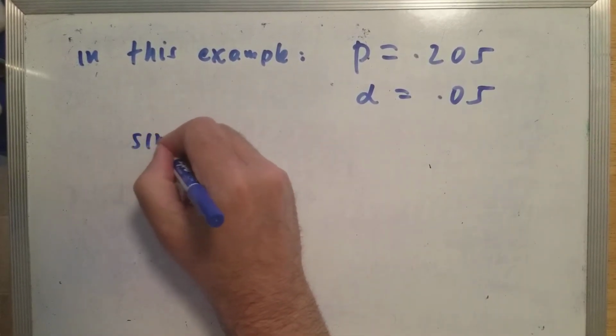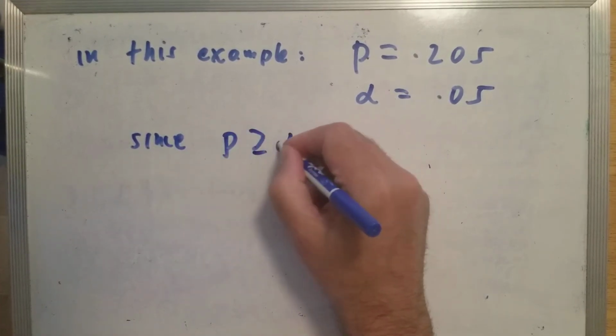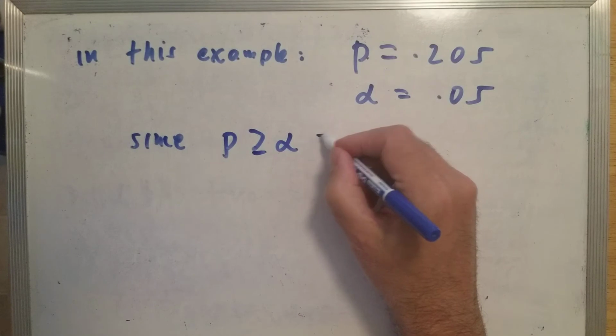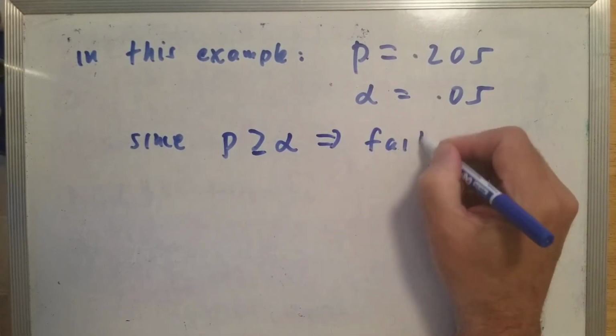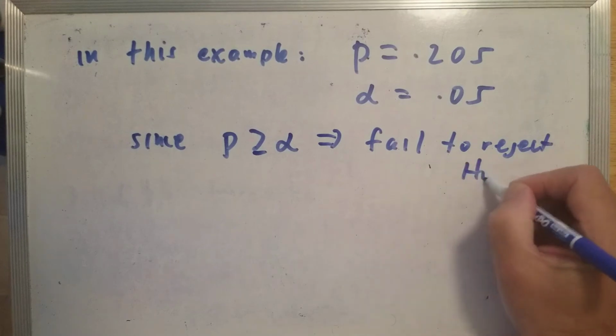So since P is greater than or equal to alpha, that means that we fail to reject H null.